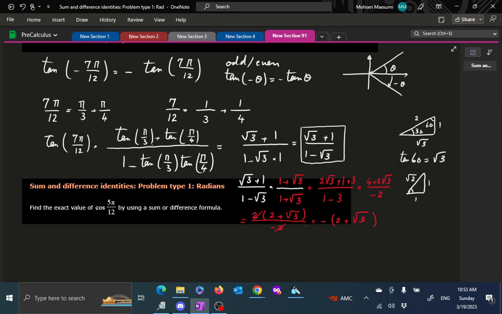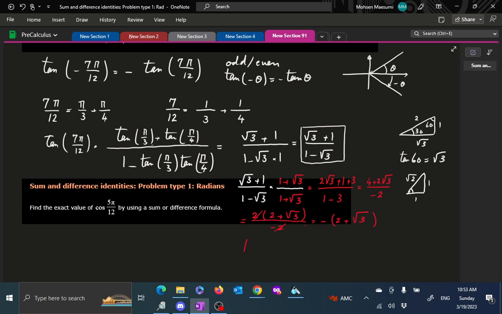Now it's possible that we've kind of got lost in the track of things. We started from tangent of 7 pi over 12, and this is what that one is. But the original question was tangent of minus 7 pi over 12, which is minus tangent of 7 pi over 12, which is minus of this, and that makes the minus evaporate.